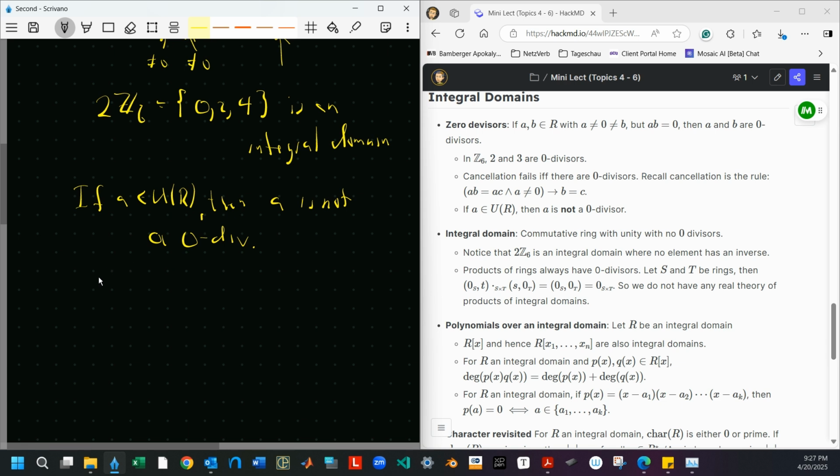I guess we don't have an abbreviation for the set of zero divisors. Let's see, the main thing here, so we have AB equals 1, right? But now if A had an inverse, right, then we have A inverse A. I'm going to say, suppose it's a zero divisor, right? So if AB equals 0, then A inverse AB equals 0. But this would imply that 1B equals 0. That would imply that B equals 0, right?